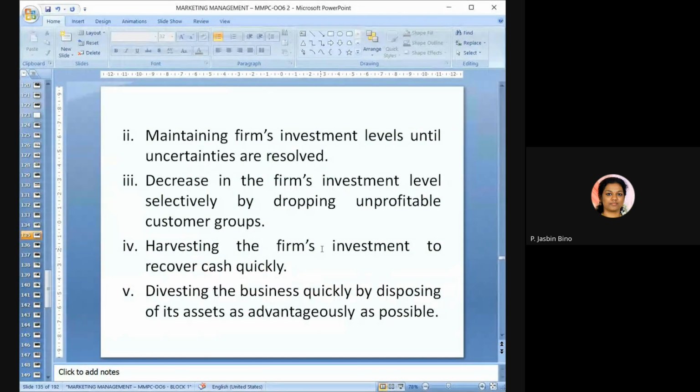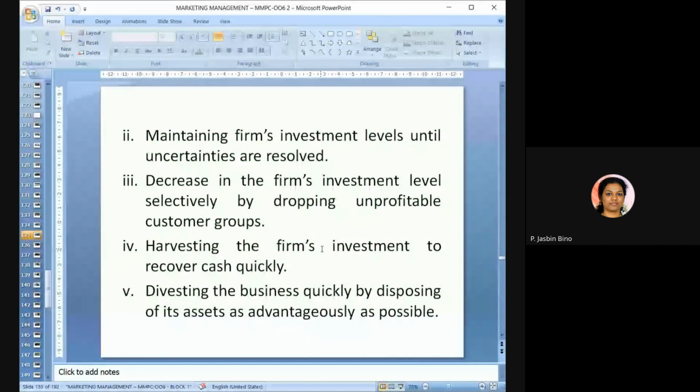Third, decrease the firm's investment level selectively by dropping unprofitable customer groups. Whenever we study the product properly, we will know which customer groups are profitable to us and which are unprofitable, so we have to be very selective. Fourth, harvesting the firm's investment to recover the cash quickly.